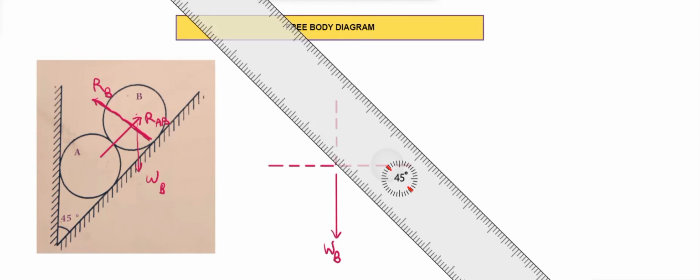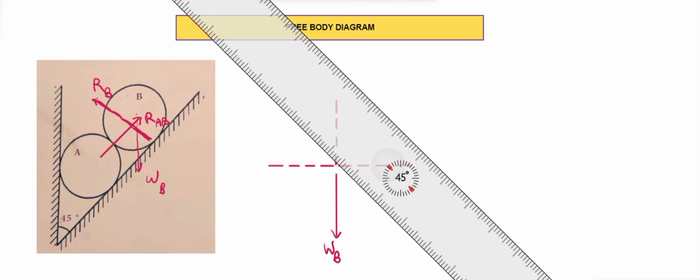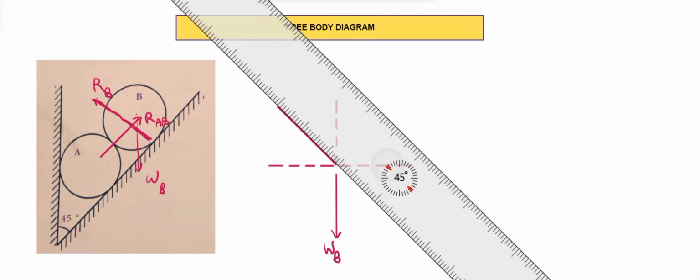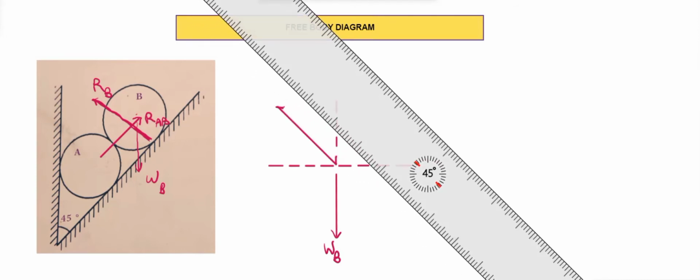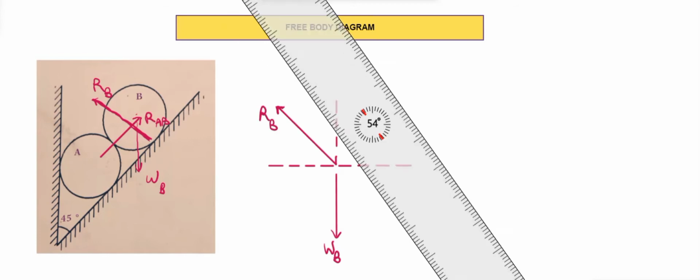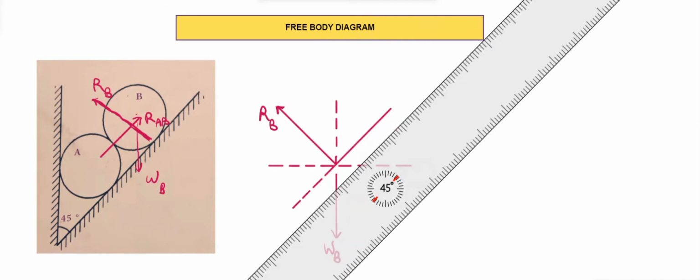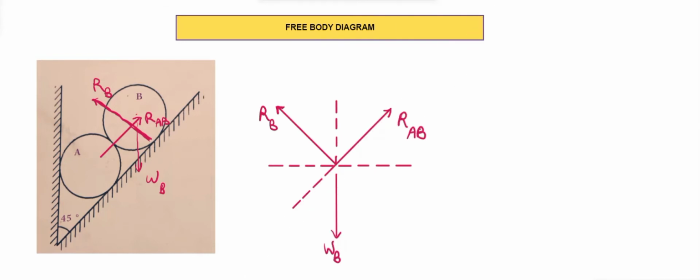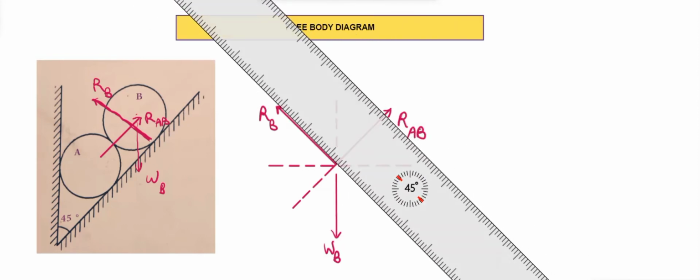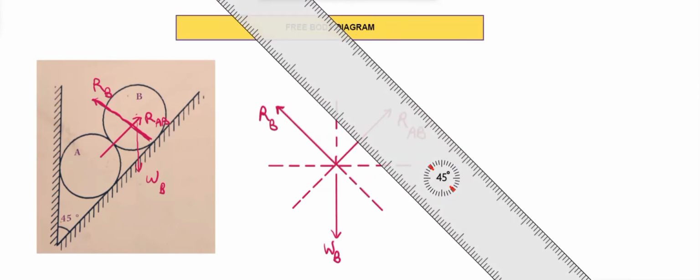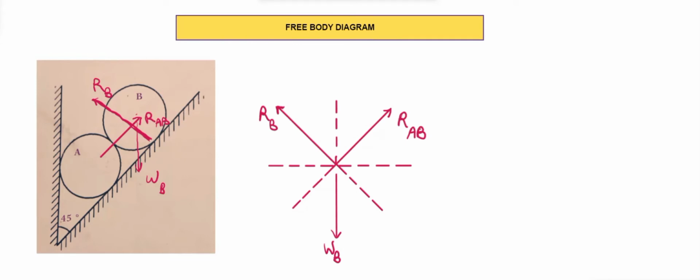There is no need to use a protractor. Here I'll give it the name RB, and also the reaction from A is acting at some angle. We'll draw that as an inclined line. Here we'll write it as RAB. Let me extend this RB line backwards. So the free body diagram of B is completed.